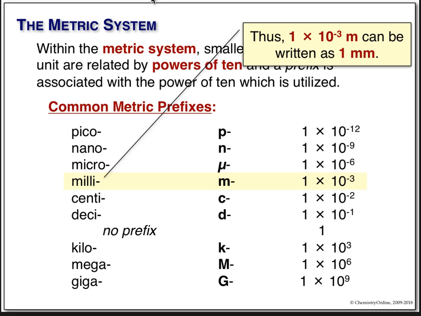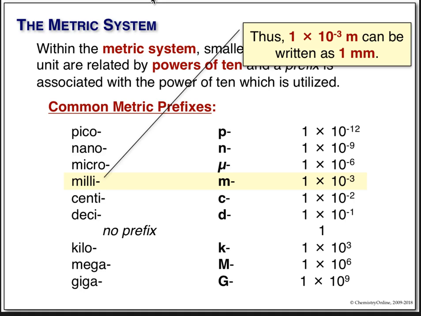If we have 1 millimeter, and m stands for 10 to the minus 3, a millimeter is the same thing as writing 1 times 10 to the minus 3 meter. 1/1000th of a meter. So it allows us to abbreviate all of these exponents just with a simple letter.